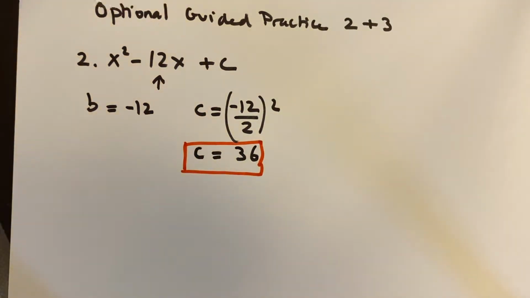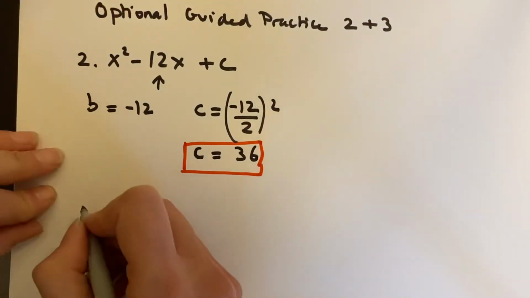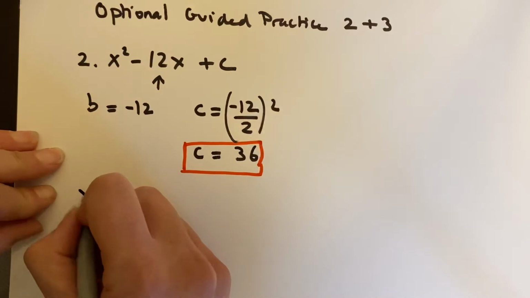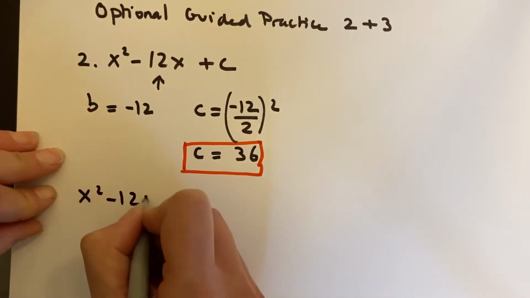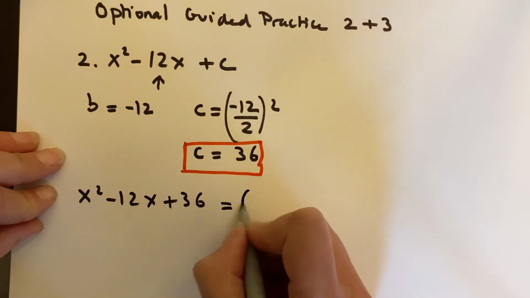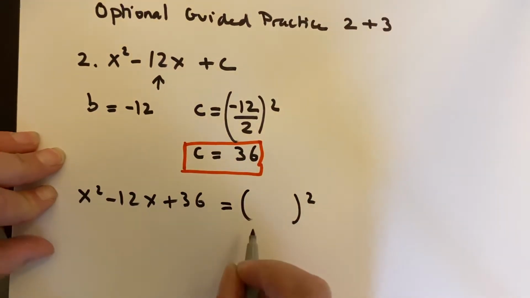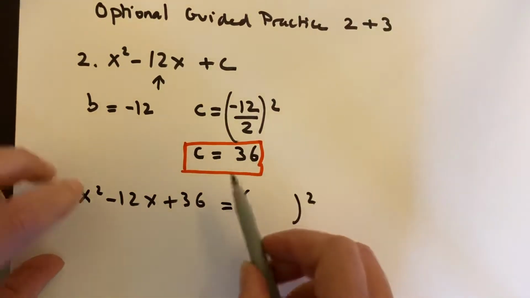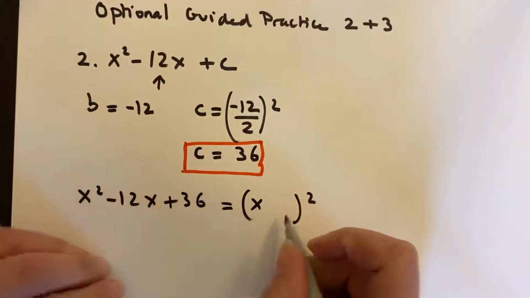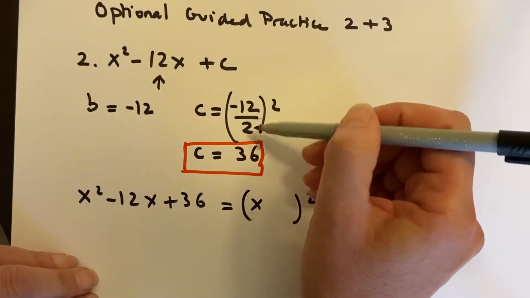The second part is just to write the expression as the square of the binomial. And if I do that, well, I know now that this is x squared minus 12x plus 36. And I just need to write what that is in parentheses. Well, I know that what's going to go in here is going to be b over 2.